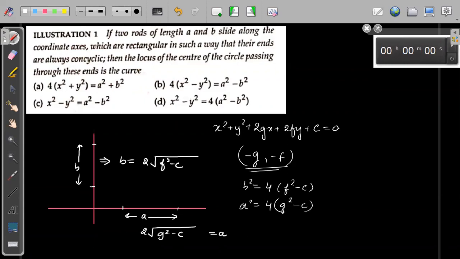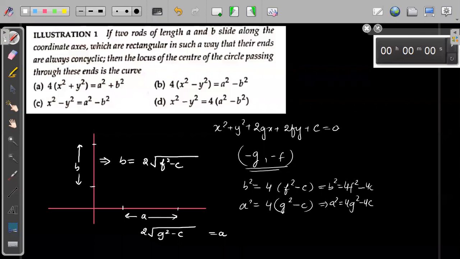So b square is equal to 4f square minus 4c, and a square is equal to 4g square minus 4c.